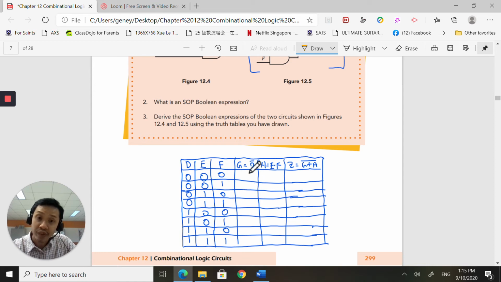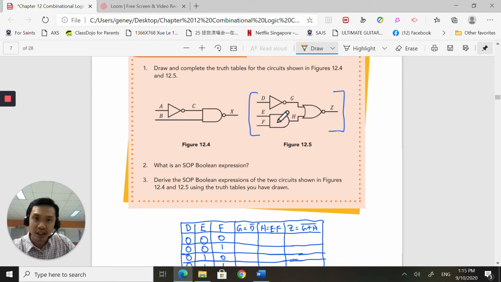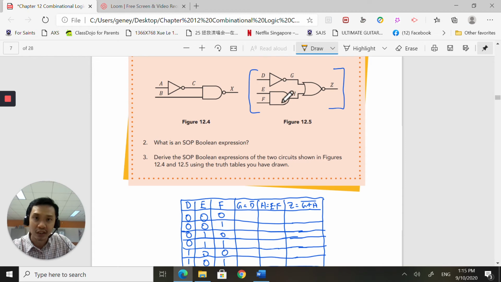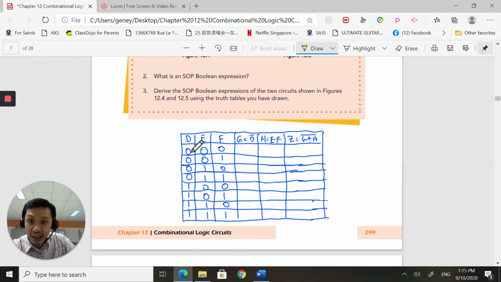And then I've written the intermediate signals. G is NOT of D, H is E AND F, and Z, the output, is the NOR of G and H signals. Okay, so let's do the G intermediate signal first. G is very simple, it's just the opposite of D. So let's look at D, and we are going to write the opposite.